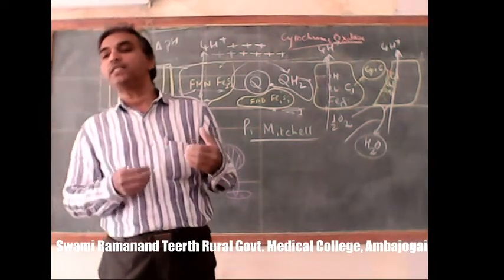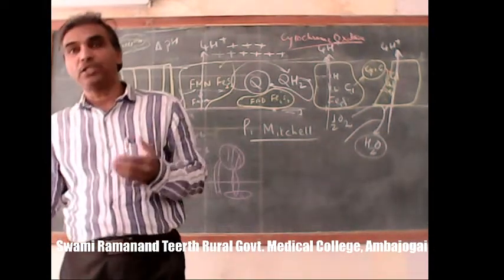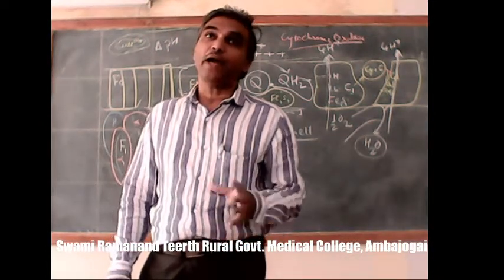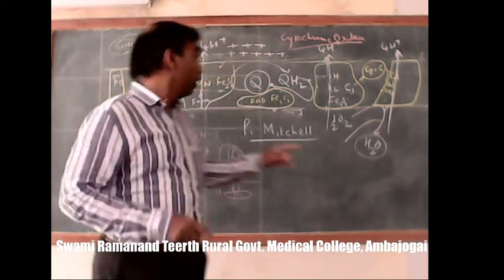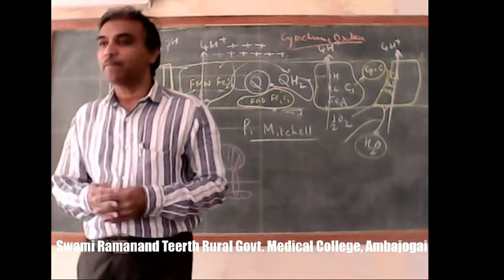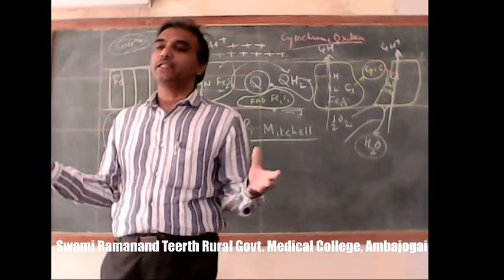So this convincing theory was put forward by Peter Mitchell in 1960, which describes the synthesis of ATP, where two processes are coupled. The process of electron transport is oxidation, and the process of ATP synthesis is phosphorylation.